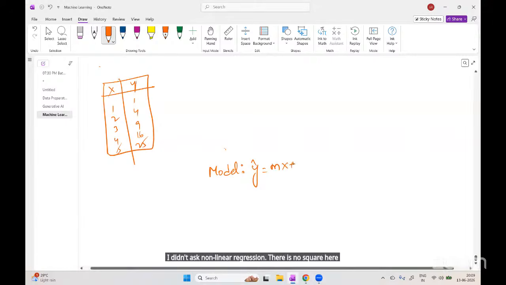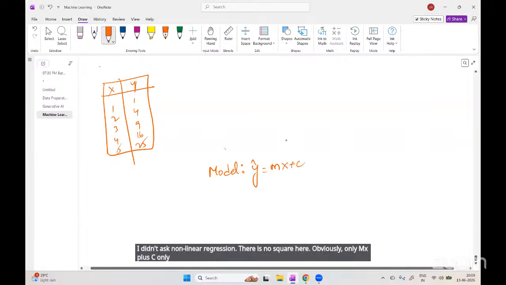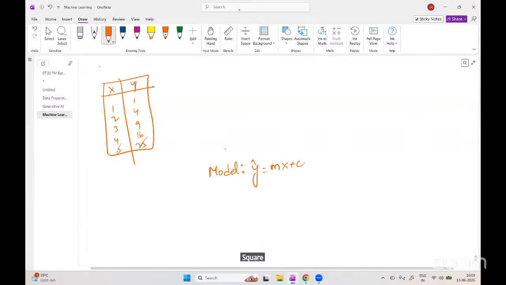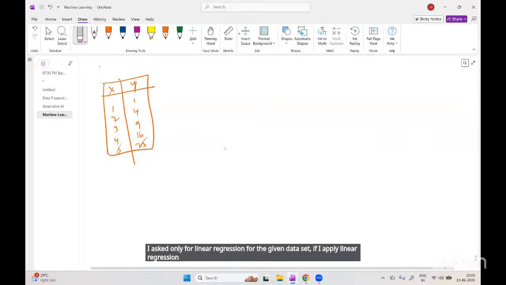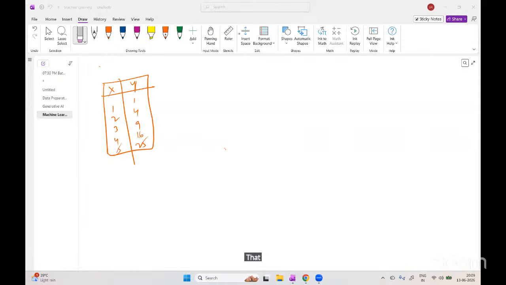Obviously, only mx plus c. I asked only for linear regression. For the given data set, if I apply linear regression, what is the answer? That is the question. Fast.